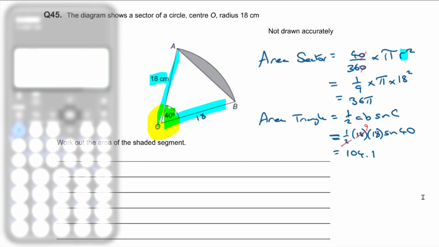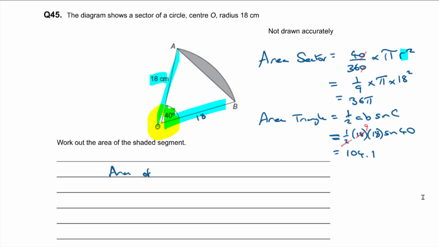Okay, so now I've got those two, I can say that the area of the segment is going to be the area of the sector minus the area of the triangle. So that's 36 pi minus 104.1. Now 104.1, I've still got the exact value on my calculator, and 36 pi, because I left it in terms of pi, is also an exact value, so I'm going to get a super accurate answer, aren't I?